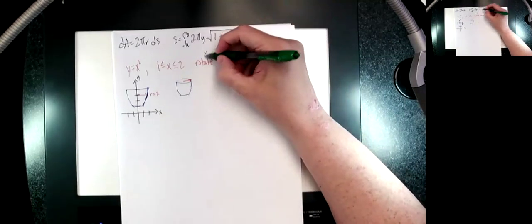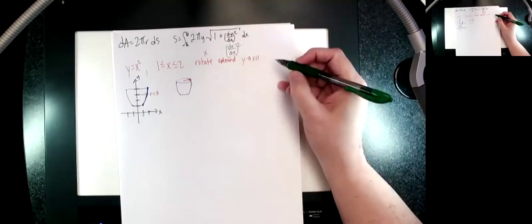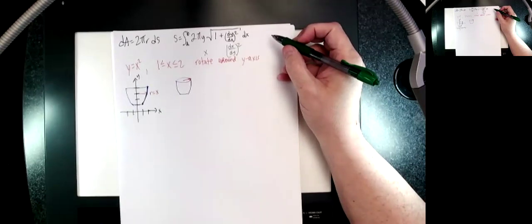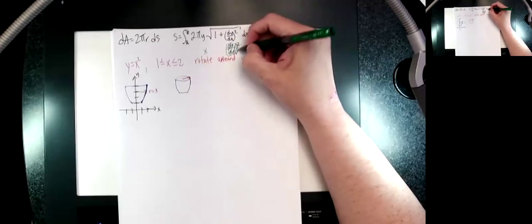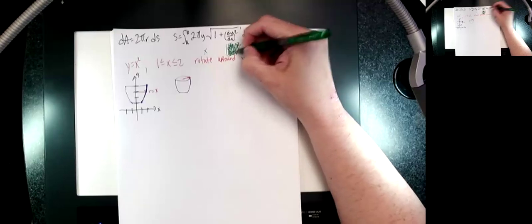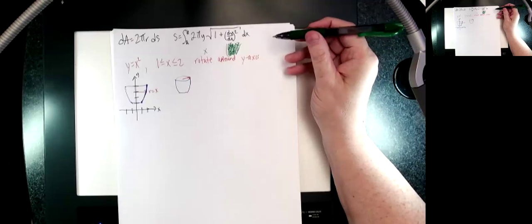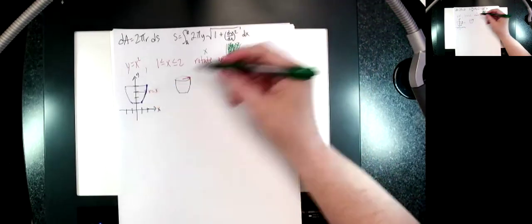If we have x, we're using dy dx squared there. No, we're not. That's still dy dx. It's got to match the dx here. We're integrating along dx, and our radius is x. There we go.